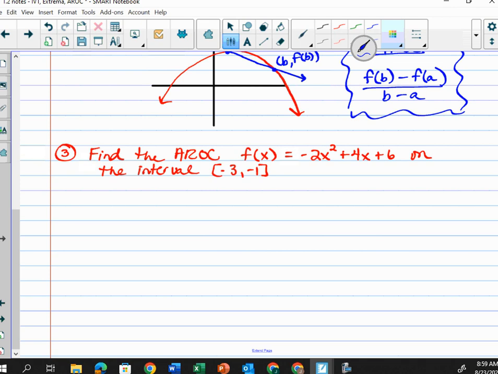Okay, that -3 to -1, the -3 is your A and the -1 is your B. The endpoints of that interval are the endpoints of the secant line that we're talking about here.